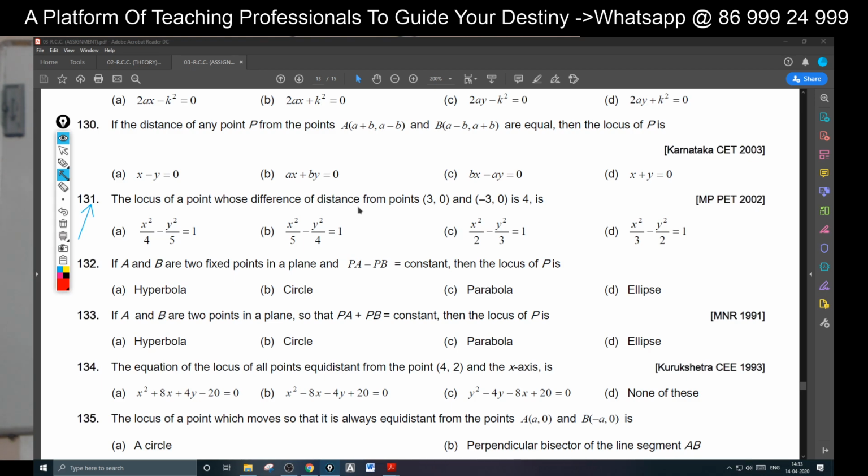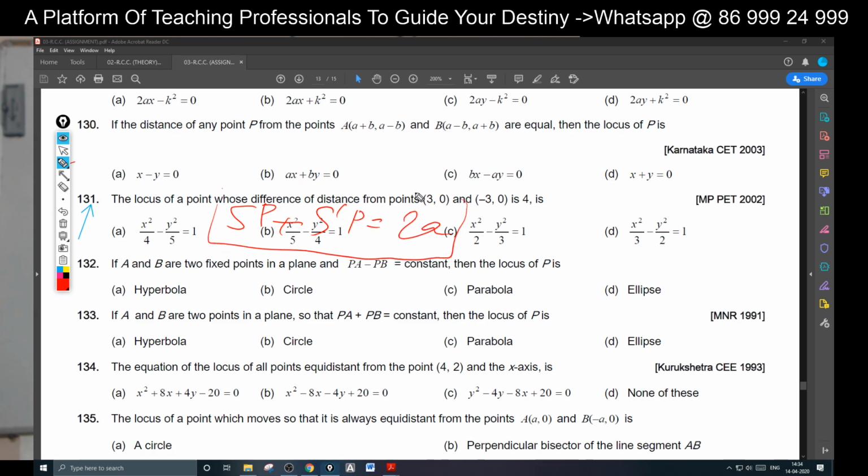Yesterday, I discussed in detail about the ellipse, and I gave you the most general form, or we can say the alternative definition for the ellipse, as SP plus S dash P is equal to 2A.